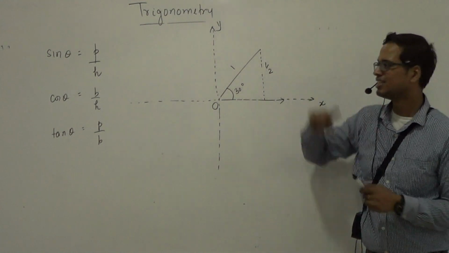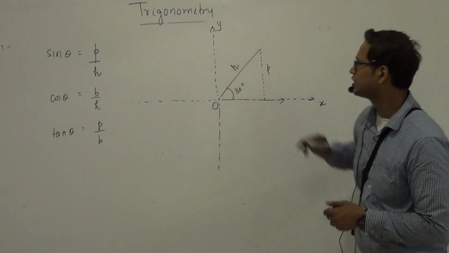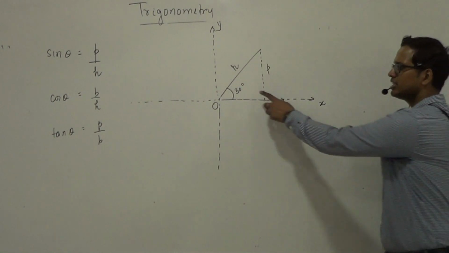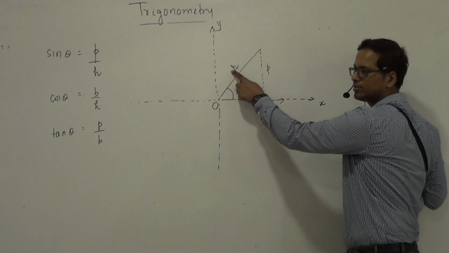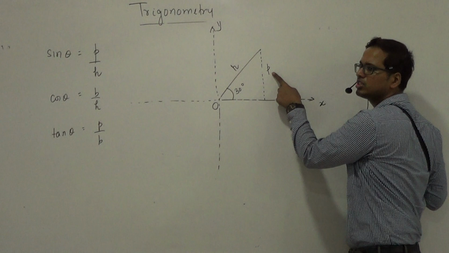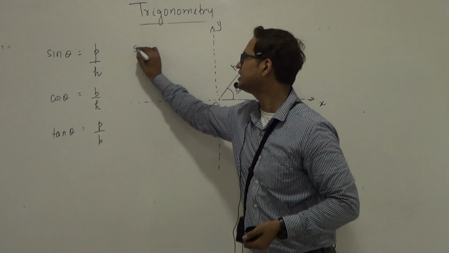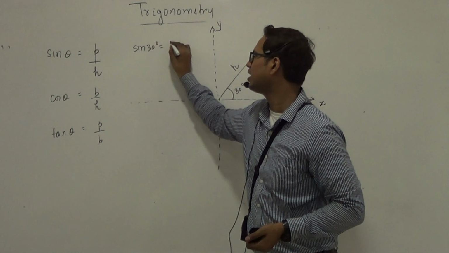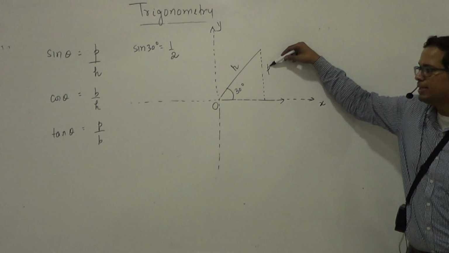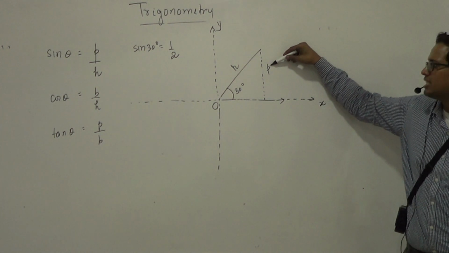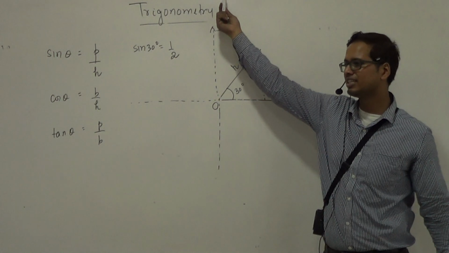You can keep it anything you want. You can keep it p and you can keep it h. So if this is 30 degree, you would realize that p divided by h, where p will be positive and h is always positive, will result into sine 30 degree, which is actually half. So P here is positive. The reason is I am measuring it along the positive y-axis. Are you getting this point?